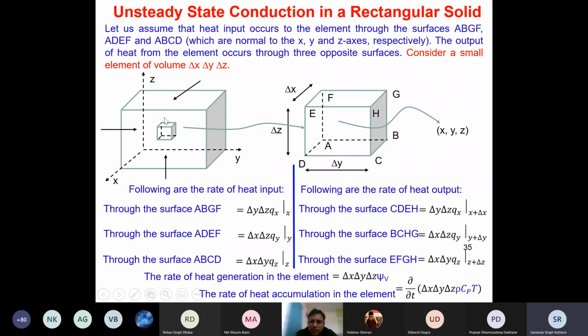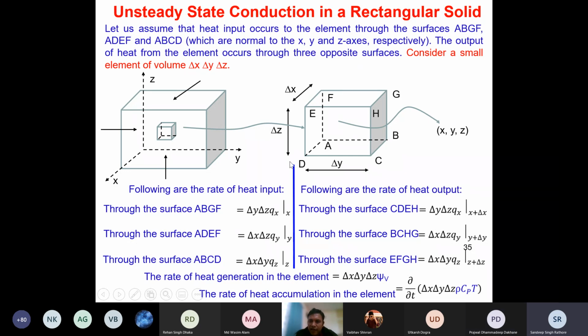In this particular shell, there is a heat input taking place from the surfaces ABGF, ADEF and ABCD. All these surfaces are normal to the X, Y and Z axis, and from there the heat input is taking place.